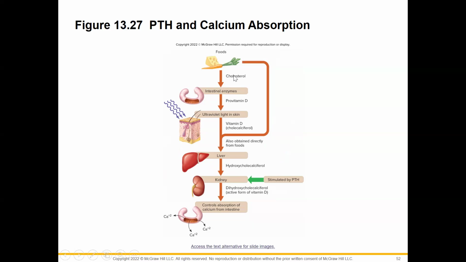And basically, that cholesterol becomes the backbone for vitamin D. So, just like we need cholesterol to make our steroid hormones, we also need cholesterol to make vitamin D. And in actuality, vitamin D is considered a hormone. All right, so you have the food, you extract cholesterol from it, the enzymes in the intestines, as you're breaking down that food into its smallest parts.